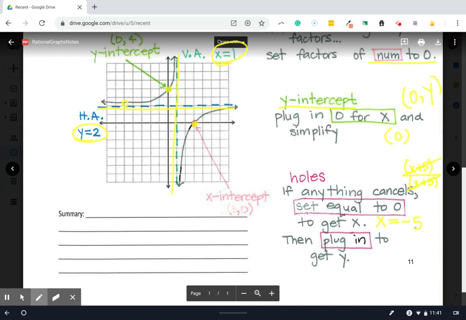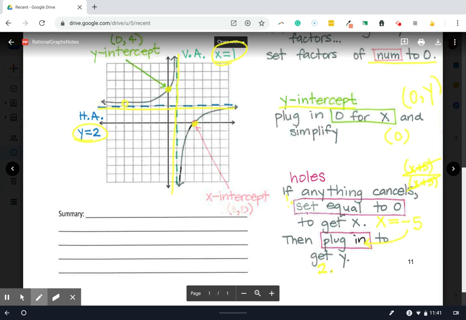Remember, x lies. Then we'll plug in -5 and find the y coordinate. So when you do have a hole, it is slightly more tricky because it has 2 steps: first we find out what x is, then we find out what y is. As you're working through that, just be mindful that holes are a little bit trickier.